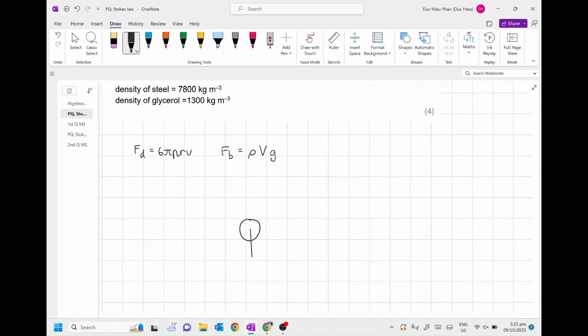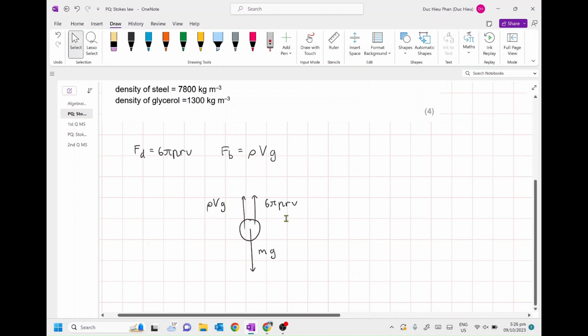As the sphere is traveling down, there is a force acting on it downwards due to its weight, m times g, and this is getting counteracted by both the buoyancy force, which is rho times V times g, and also the viscous drag force, which is 6 pi eta times r times v. And we're trying to find eta right here, which is the viscosity of the glycerol.